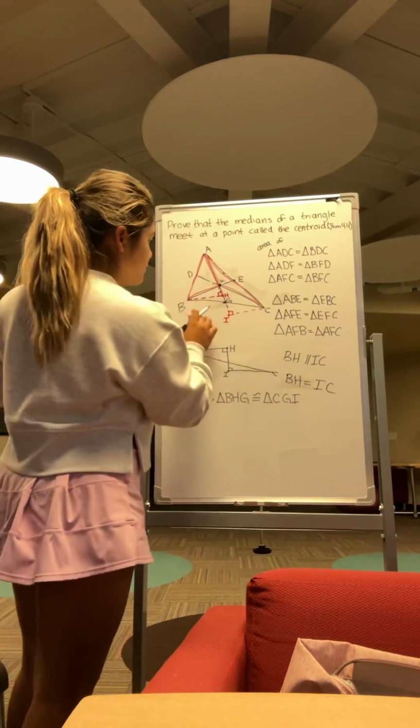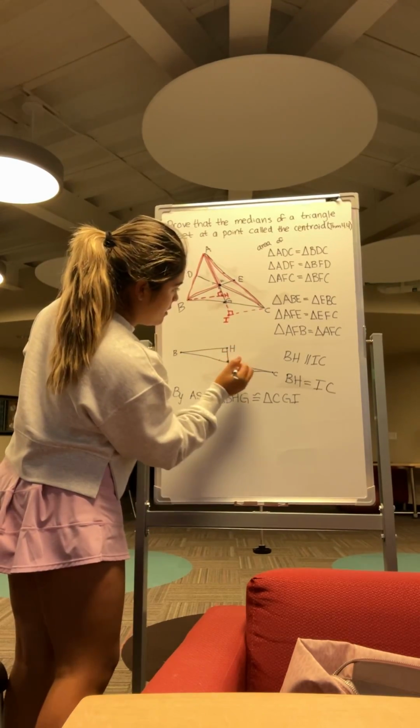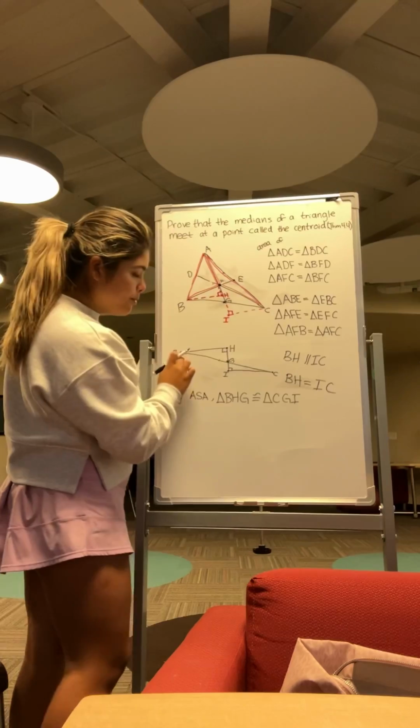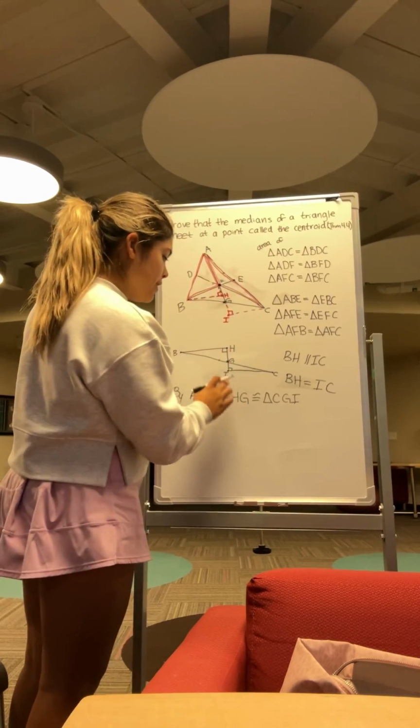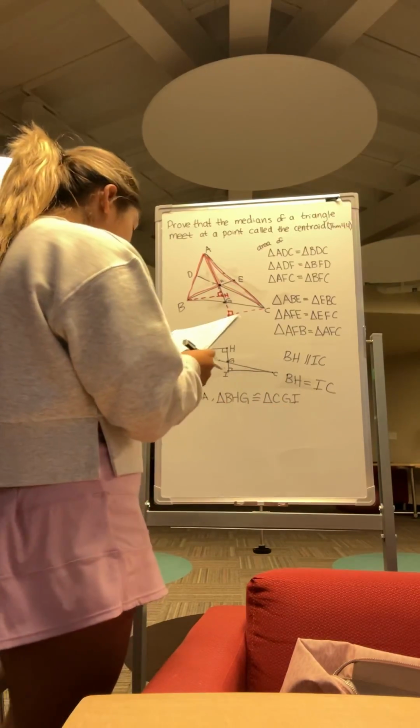So I guess this is G. So BHG and CGI are congruent triangles.